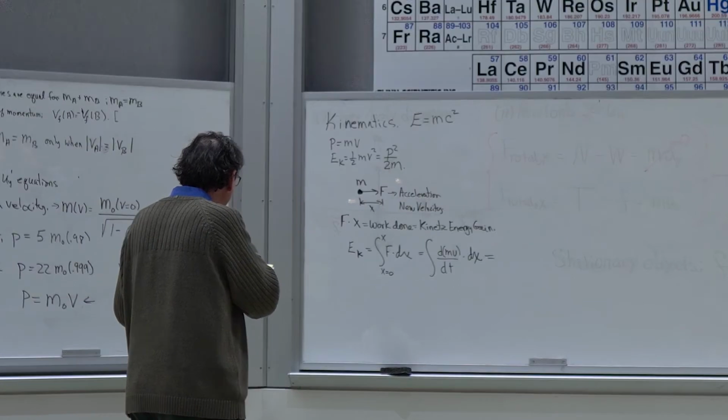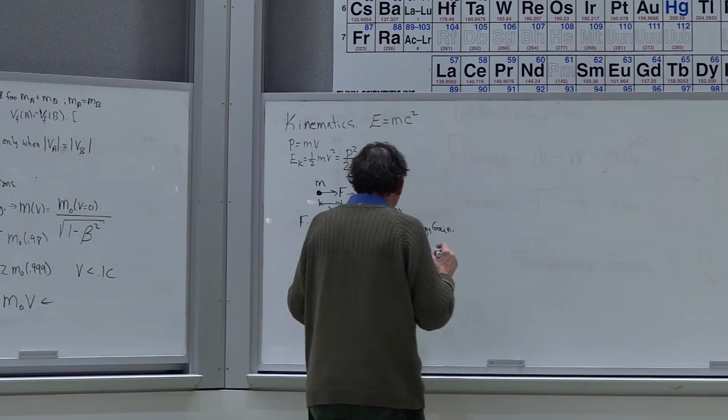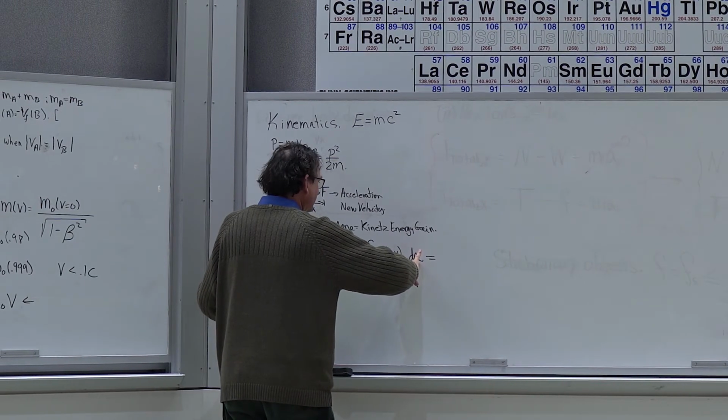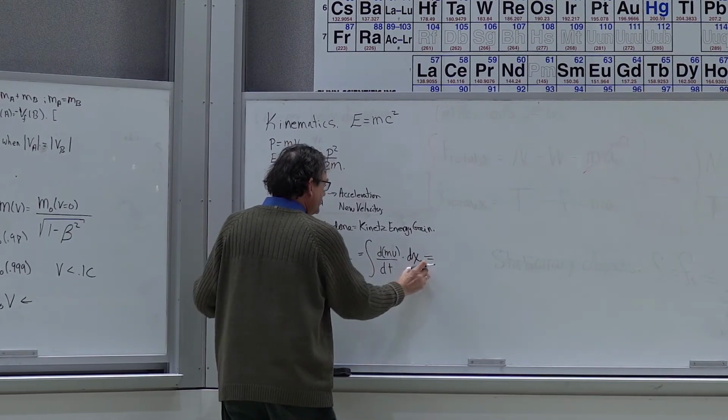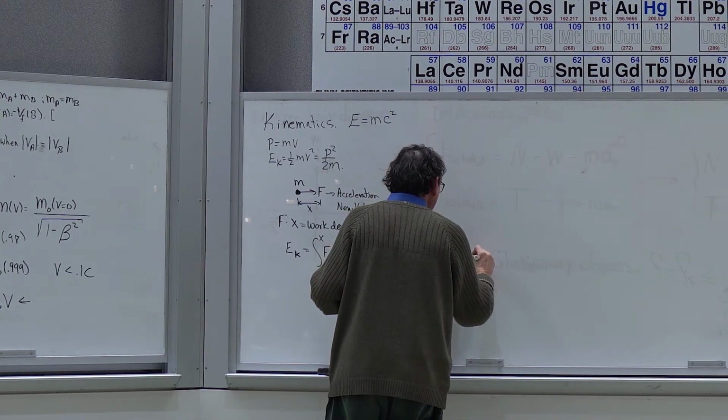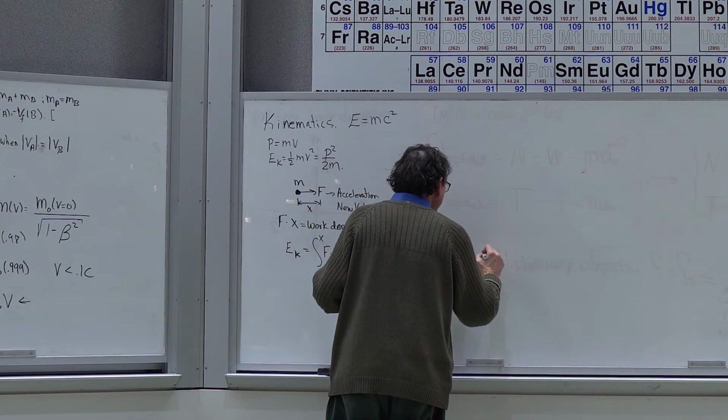And I can write this as, notice that I have a dx dt here. So by shifting the dt over to this side, I get that this is the mu times u.